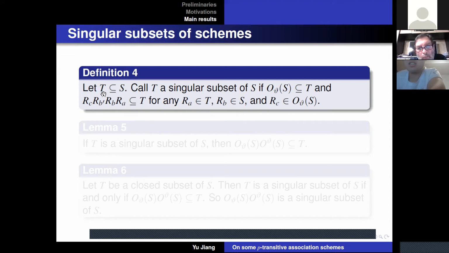Let T be a subset of S. We call T a singular subset of S if the thin radical is contained in T, and we have such a condition: the complex product RC, RB', RB, RA is contained in T for any RA in T, RB in S, and RC in the thin radical of S.